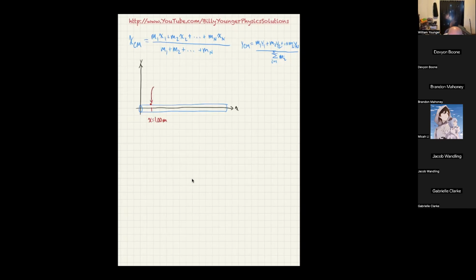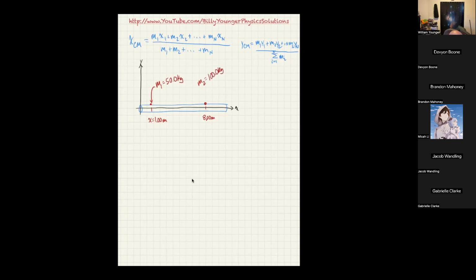And I'm going to say this person's mass, M1, is going to be 50.0 kilograms. And then I'm going to go over here at the, let's say, 8.00 meter mark. And I am going to say that a person sits here, and that person has a mass M2, and that mass is going to be 100.0 kilograms.